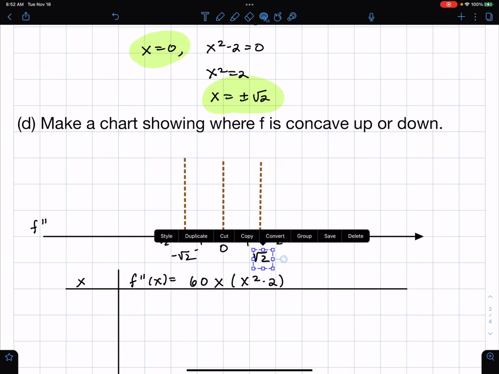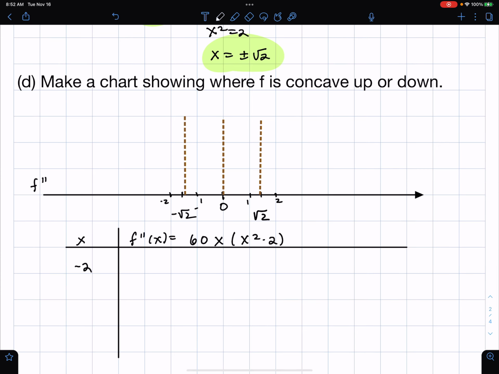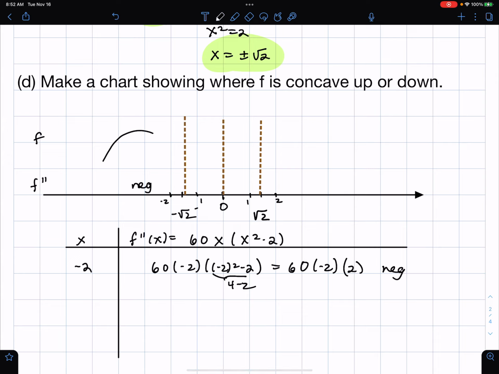Okay, I'll start from the interval on the left here, with a test point being negative 2. So I have 60 times negative 2 times (negative 2 squared minus 2). This is 4 minus 2, so it's times 2, and so that's negative. The point being, if f double prime is negative, then f is concave down.